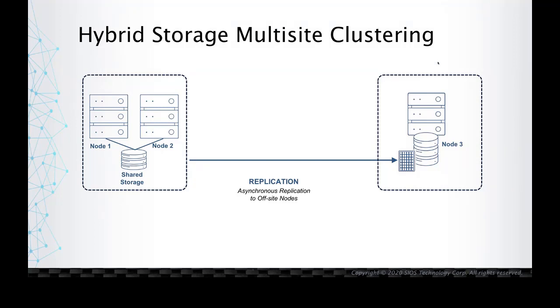In this case, DataKeeper is controlling the locking of the shared storage between node 1 and 2. Just like a traditional failover cluster disk resource, we ensure only the active node has access to that shared LUN. We also control the mirroring so that when node 2 comes online, node 2 continues the mirror to node 3 in your DR site.